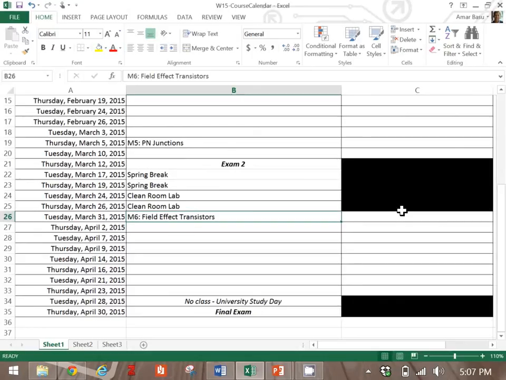Field effect transistors, or MOSFETs, are the most common type of transistor that's used in microprocessors and in amplifiers. So that's probably one of the most important types of devices. And that will be it. We'll have the university study day at the end of April, and on April 30th we will have our final exam. That will be in class.